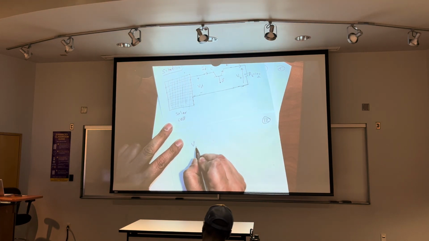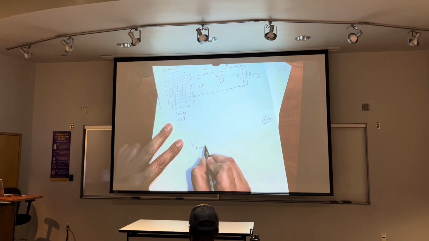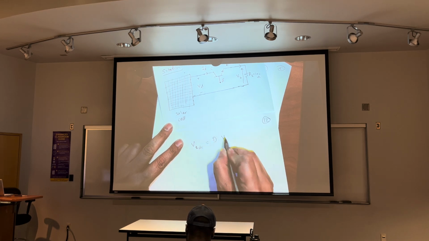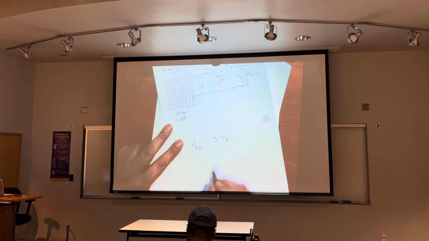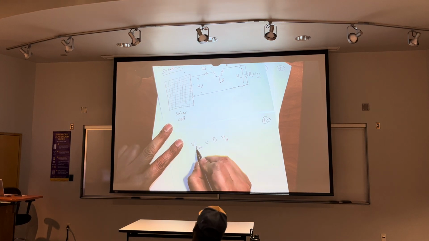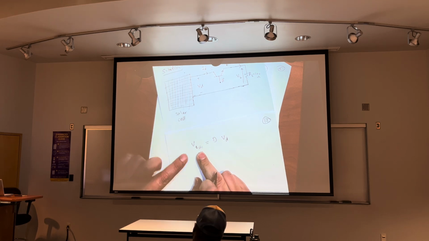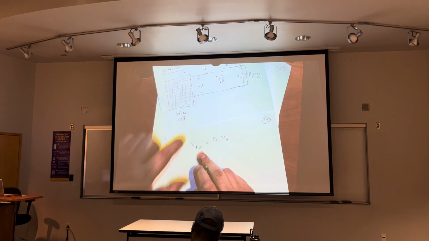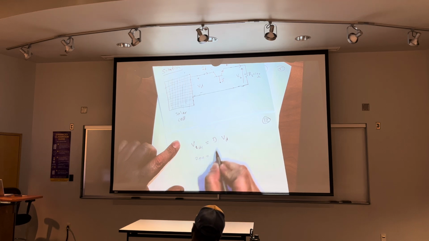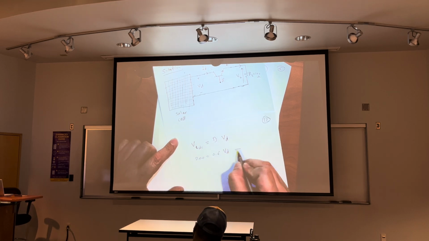V load DC equals duty cycle times VD. V load DC is 200, and the duty cycle is 0.6.